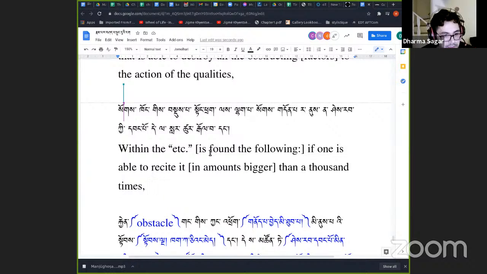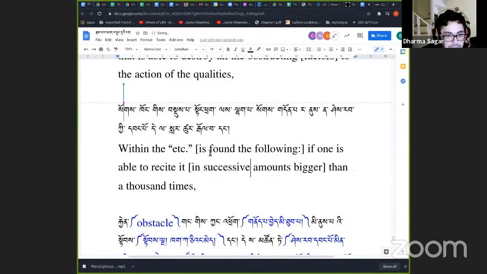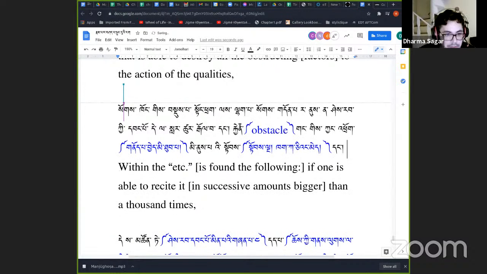Able to recite it in successive bigger amounts, maybe. Successive amounts bigger than 1,000 times. Yes. So this should go together here.